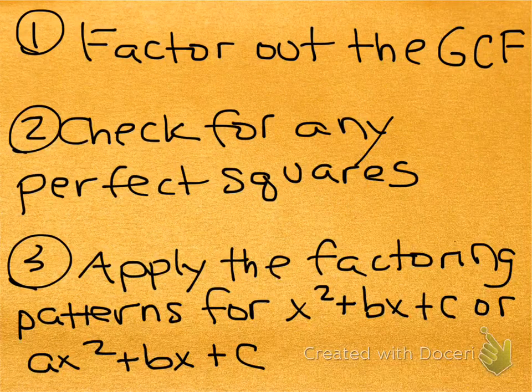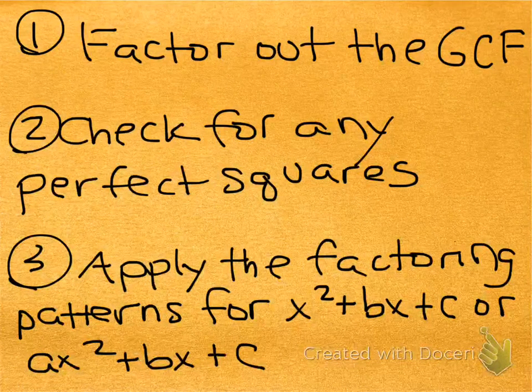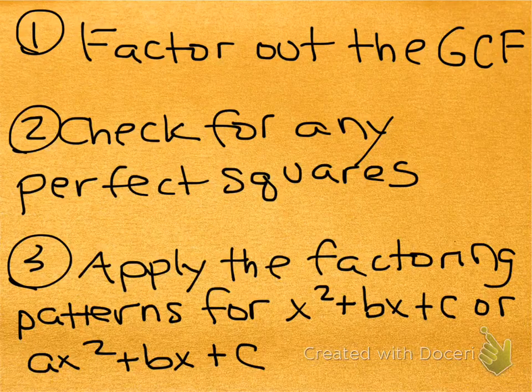So here is just an overview of the 3 steps that you want to do when you're trying to factor anything at this point. You want to first factor out any GCFs, or greatest common factors, that you have between the variables and the numbers. Then you're going to check for any perfect squares and apply what we did for the last lesson and this lesson.